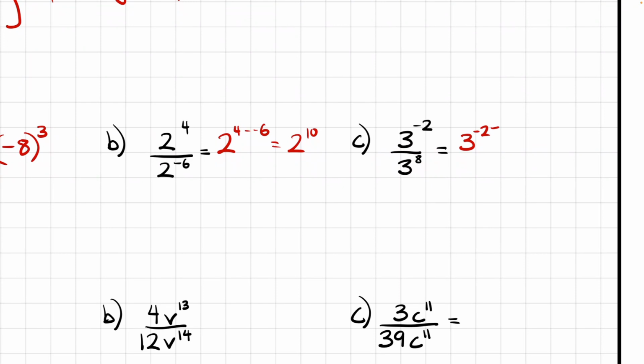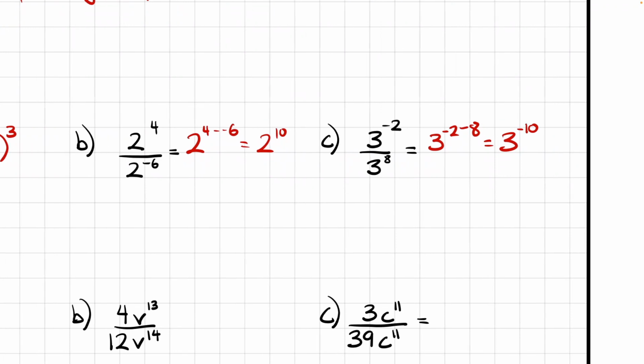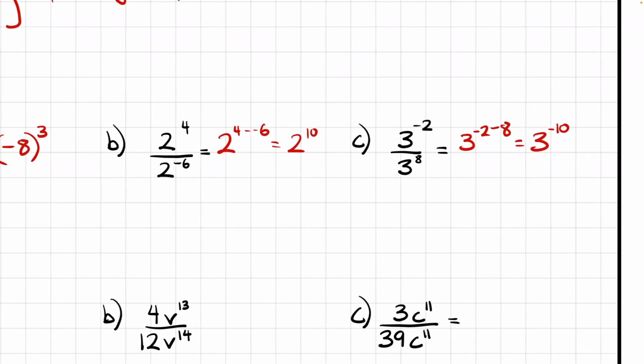Minus, and then you just rewrite that number down there, right? Minus 8. What is negative 2 minus 8? I'm already at negative 2, and then I go down 8 even more. Negative 10. Oh, but I'm not allowed to have negative powers, so I need to do what to it? Flip it. 1 over 3 to the power of positive 10. There it is.